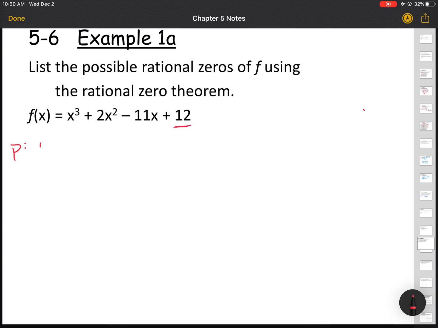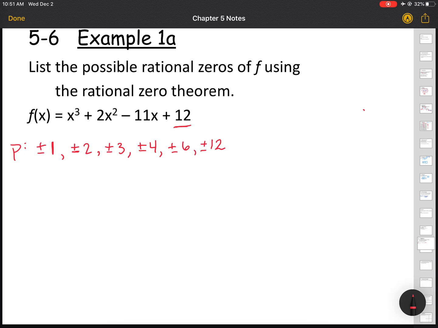So factors of 12 can be 1, positive or negative, positive and negative 2, positive and negative 3, 4 is also a factor in the positive and negative case, positive or negative 6, and positive or negative 12 are all factors of 12 itself.